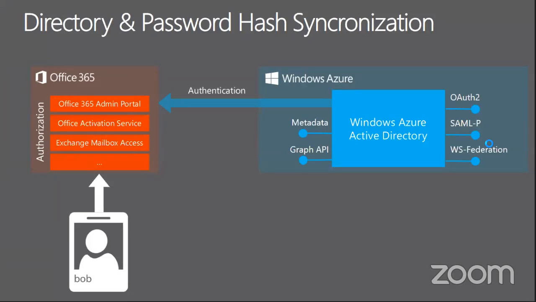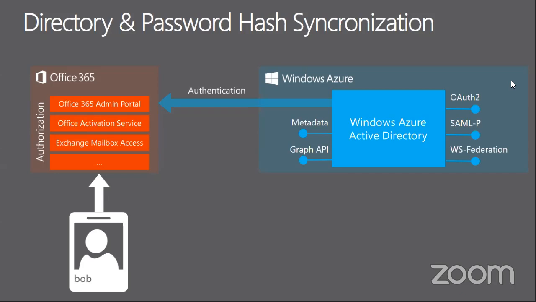So what happens over here is, let's say a user is trying to log in to his cloud hosted Office 365 services. The authentication would go to the Windows Azure Active Directory service, which in turn relays that authentication request back to the on-premise environment.